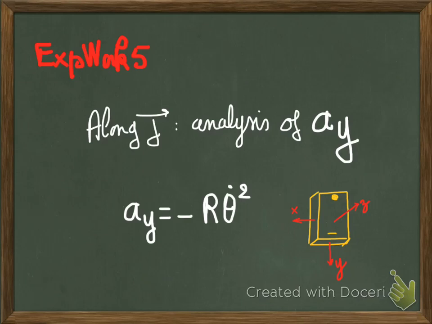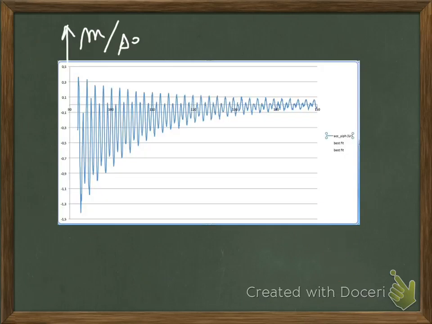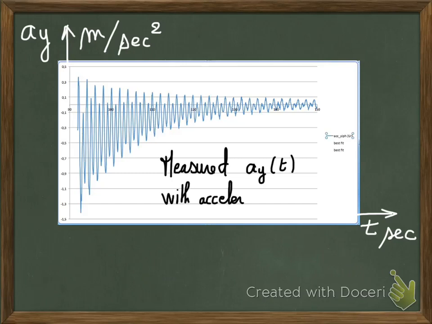We know AY from the direct measurement provided by the accelerometer, and we know theta dot from the measurement of theta, in fact. So the bare data here, this is the measured AY of t with the accelerometer. And this is essentially what we expect.